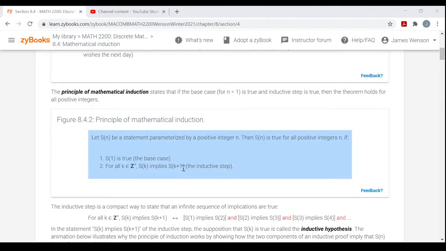And if you can show this, then, since it was true for 1, this will tell me that it must be true for 2, and if it's true for 2, it must be true for 3. If it's true for 3, it must be true for 4, and so on. So it's true for all positive integers.